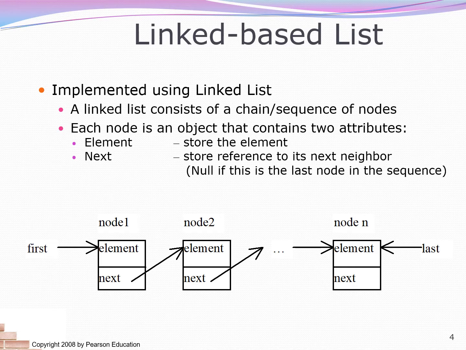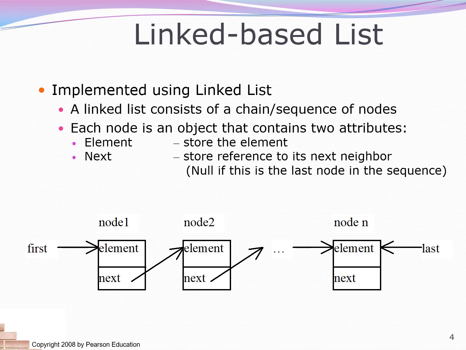Next will be the chain to the next node. It will store the reference to its next neighbor. So this one here is actually pointing to the next node, which is the neighbor, and this is actually storing the reference.